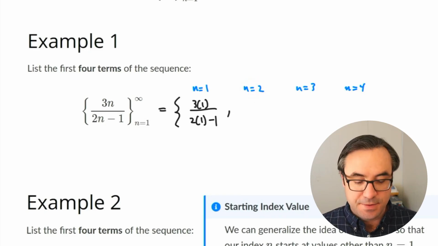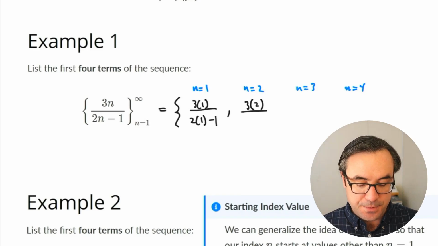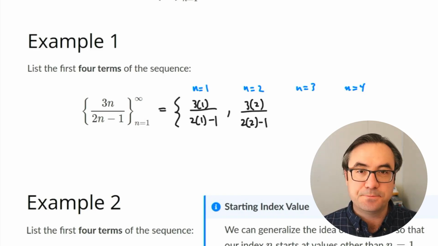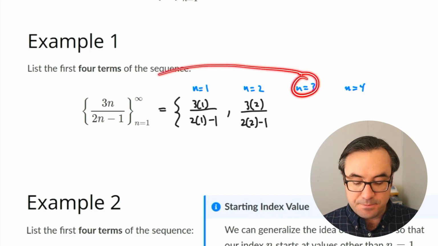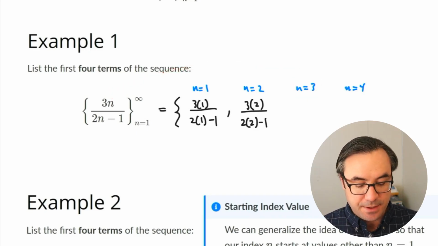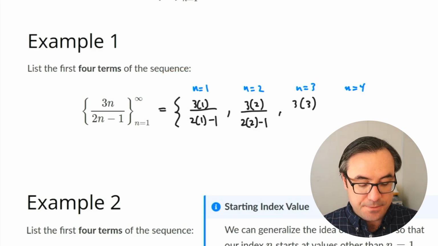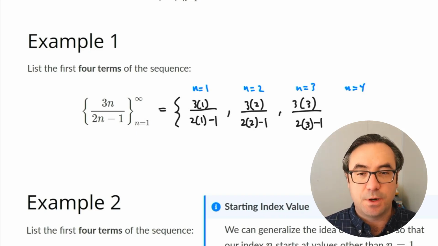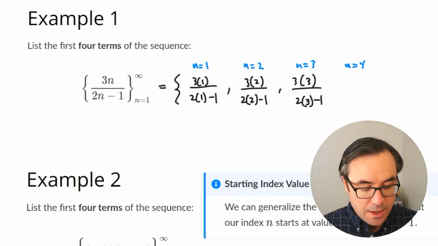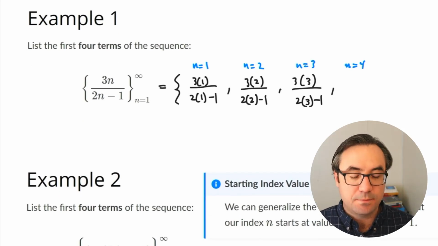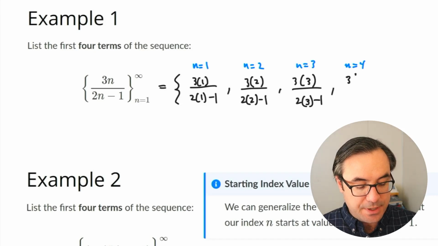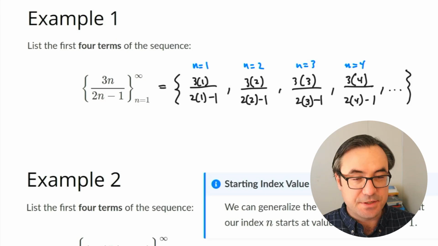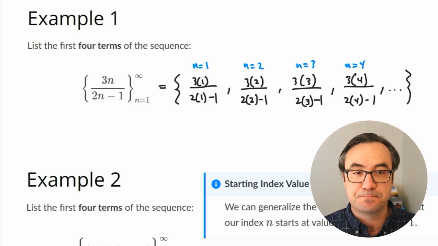We get 3 times 2, all over 2 times 2 minus 1. Then n equals 3: we get 3 times 3 all over 2 times 3 minus 1. And for n equals 4, play the same game: 3 times 4 all over 2 times 4 minus 1. Then we put the dots to indicate that the sequence continues.